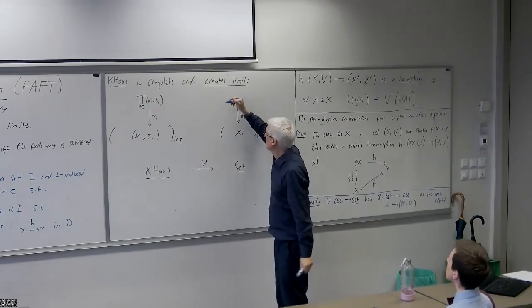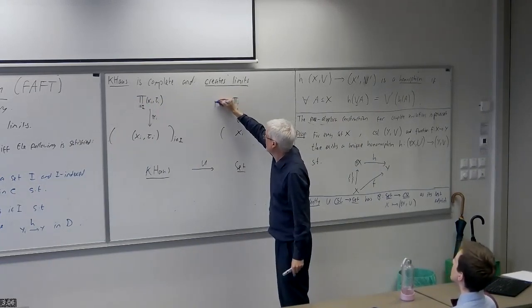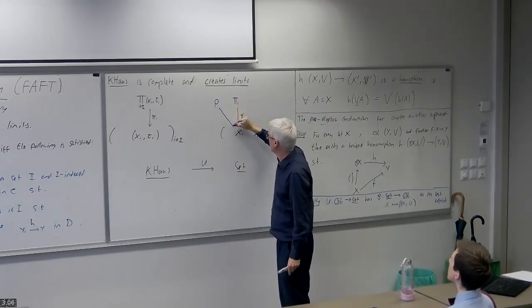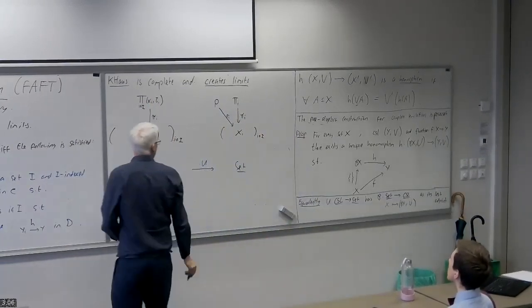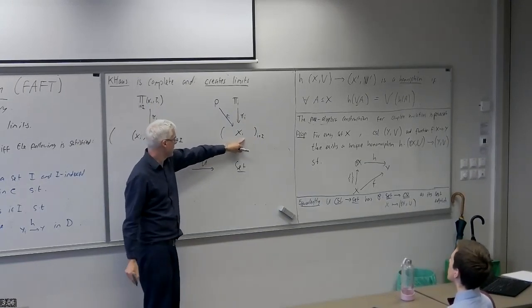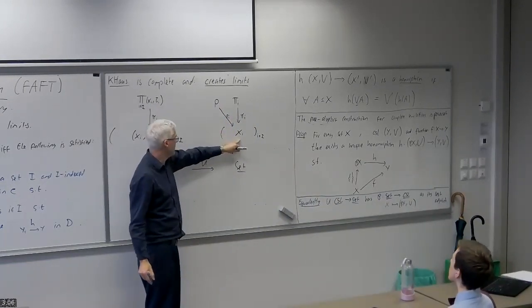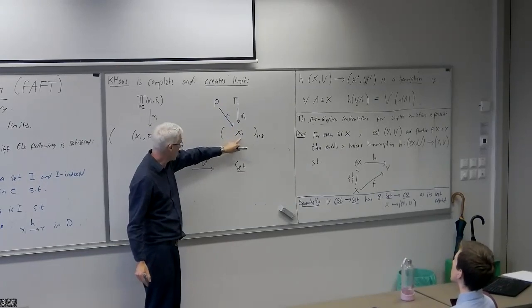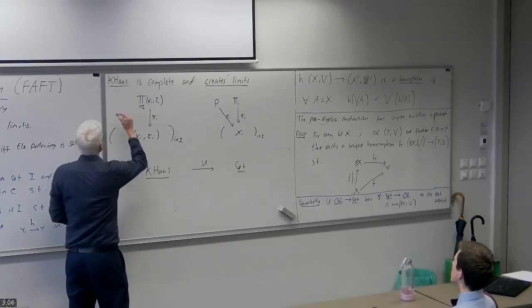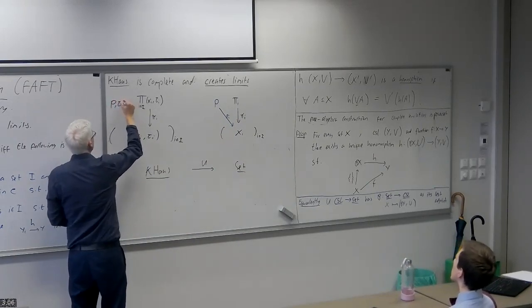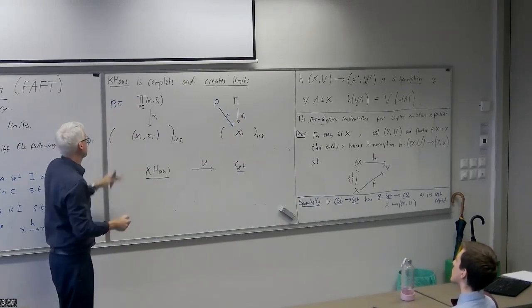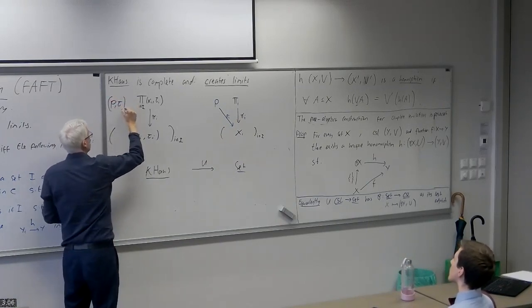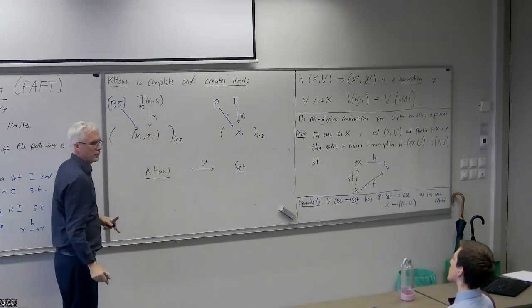And to say that, what we say is that if we're given any limit cone in set for this diagram, so any other product cone in set, there is a unique way of topologizing this product cone with a compact Hausdorff topology in compact Hausdorff spaces.